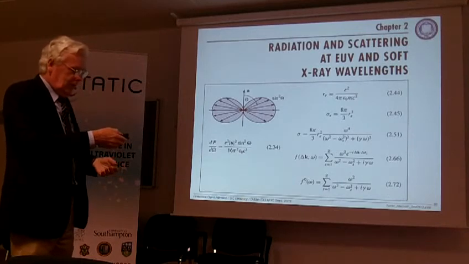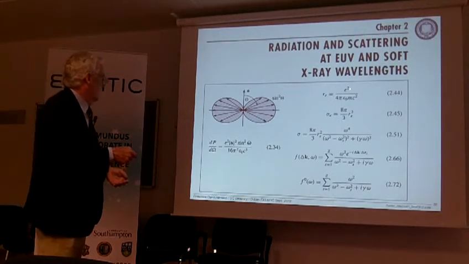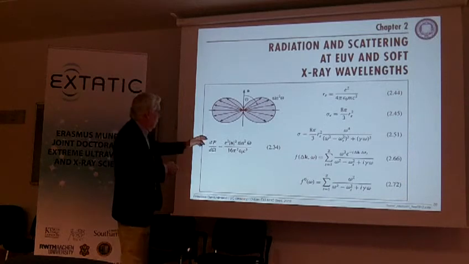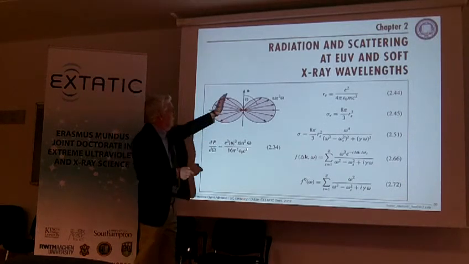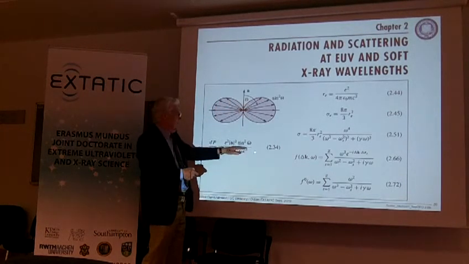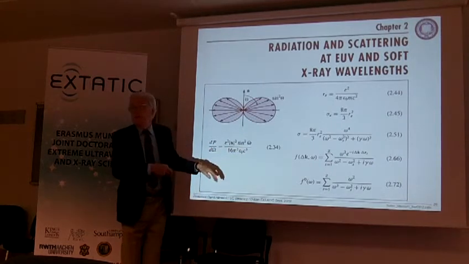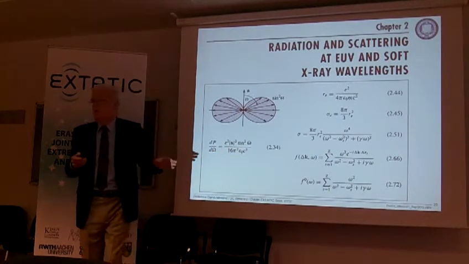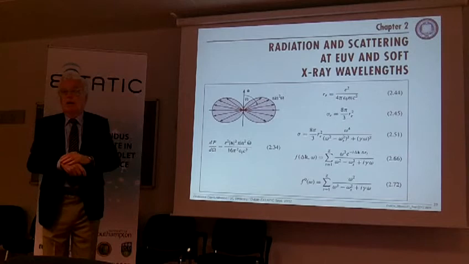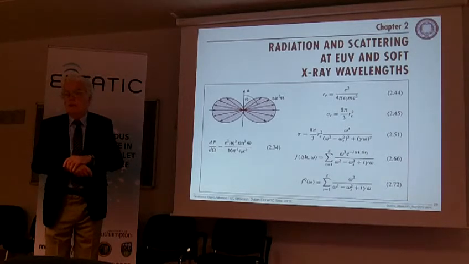But the equations that we'll wind up learning is, what is the power per unit solid angle of the scattering process, so this sine squared. So this, you would have learned in some electromagnetics class that had nothing to do with X-rays, perhaps even in undergraduate class.